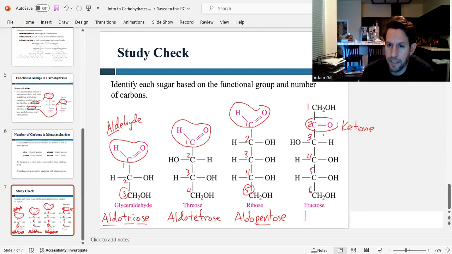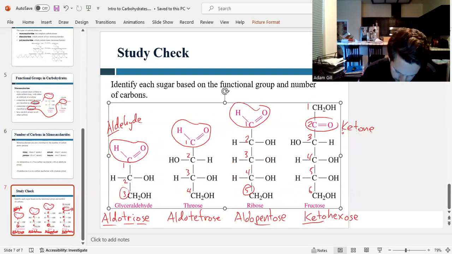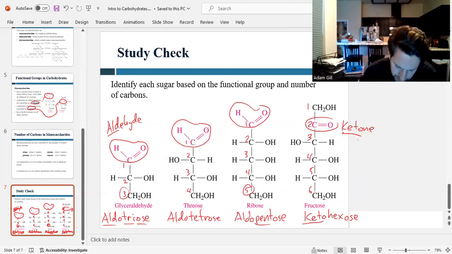So we would call this a ketohexose. Keto because it's a ketone, and 6 carbons, so hex, and then ose because it's a sugar. So identifying the sugars based on the functional group and the number of carbons.